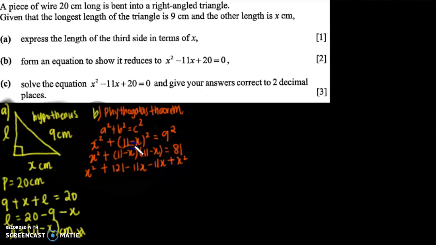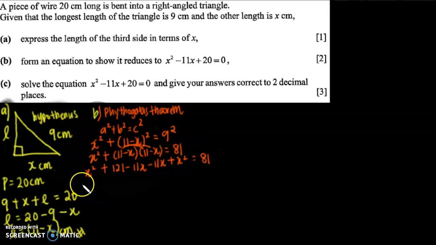Make sure that 11 times 11 is 121, 11 times minus x is minus 11x, and minus times minus is plus, so it's plus x squared, and this equals 81.